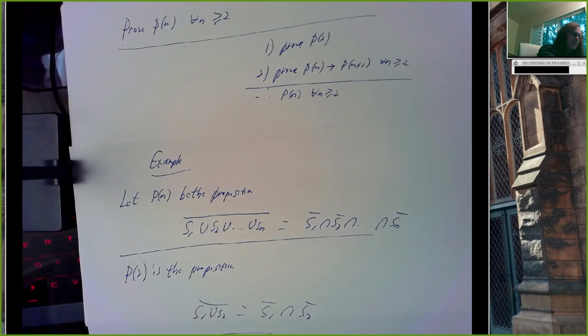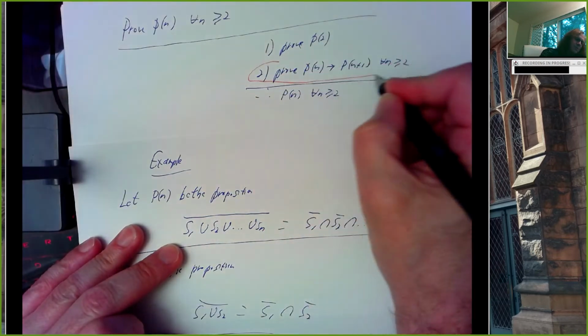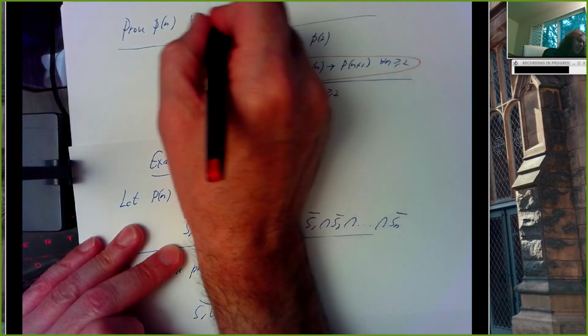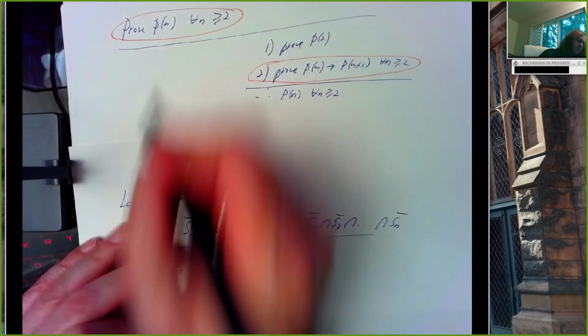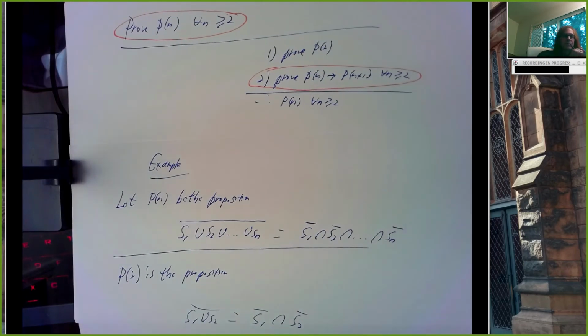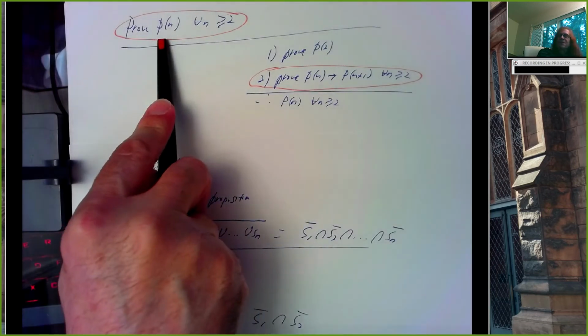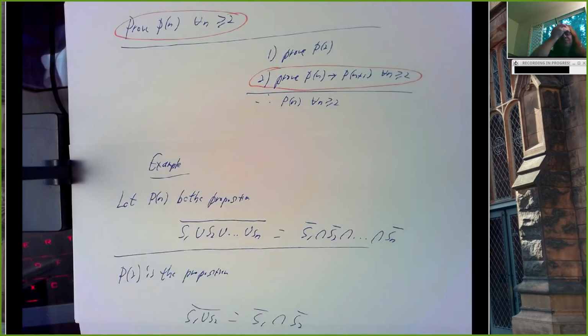And does everybody see the difference between this and that? This is a single proposition I'm trying to prove. This is an infinite number of propositions I'm trying to prove.